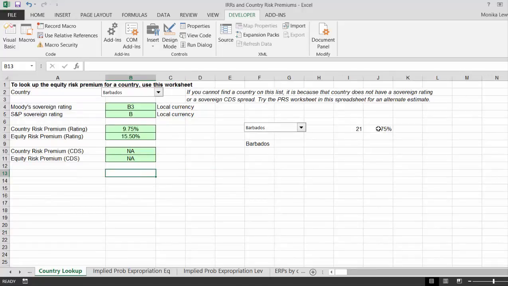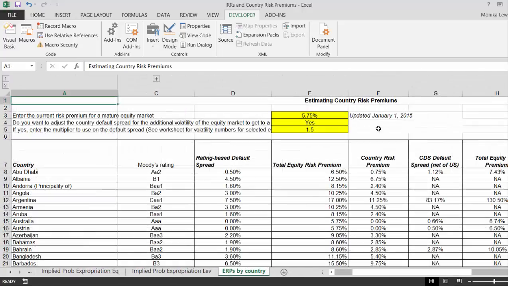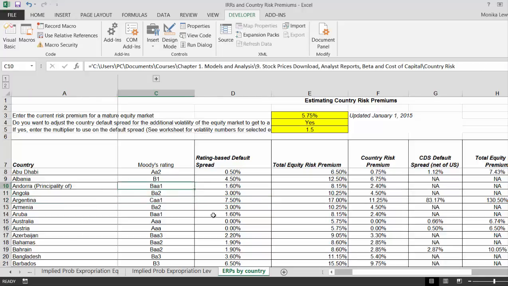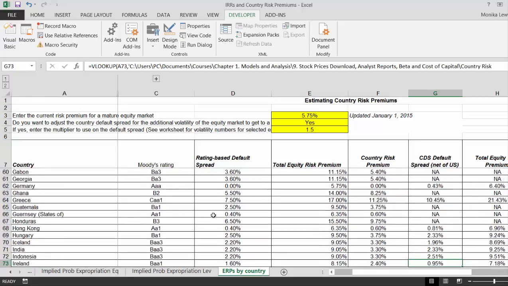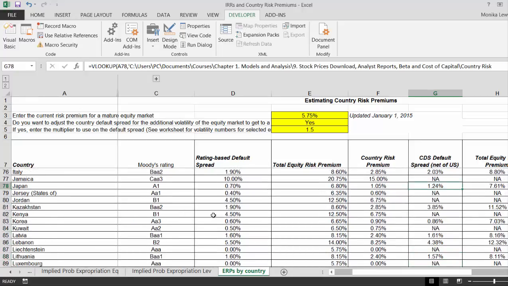Now, I guess this is the rating-based default spread, whatever. So I guess they take the bond rating and they compute it. And then this is the CDS spread. This is the additional credit spread, I guess. And let's see if they have either one of these.